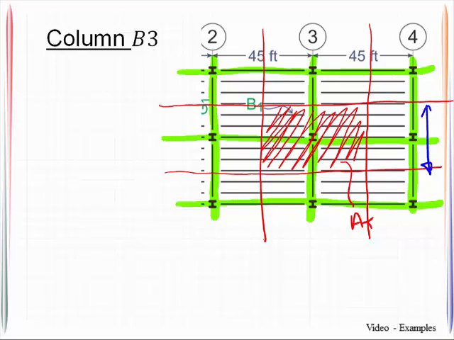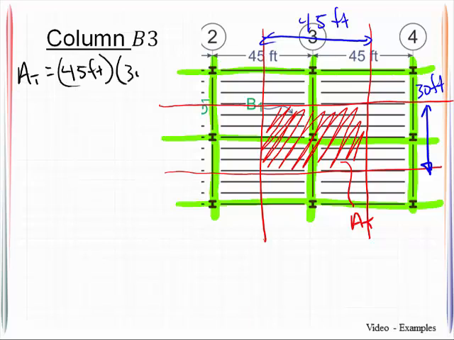We are 30 feet here and 45 feet here, giving us an AT equal to 45 feet times 30 feet, 1350 feet squared.